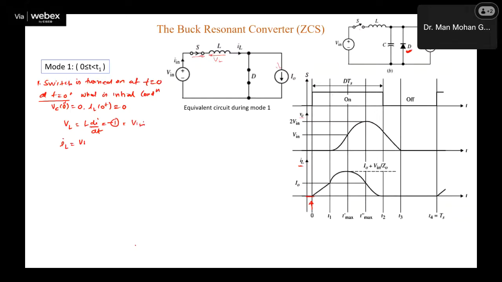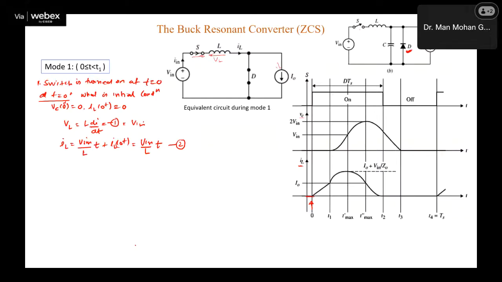So IL is equal to V in upon L into T plus initial current IL0, which is 0 in this case. So this equation becomes V in upon L into T. Now let's say this is equation number 2.